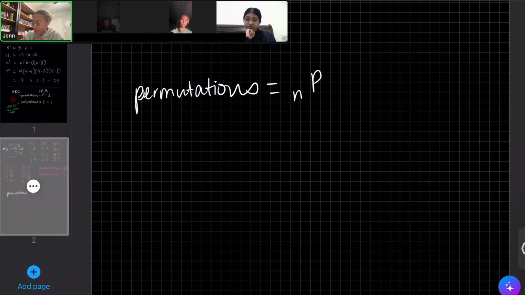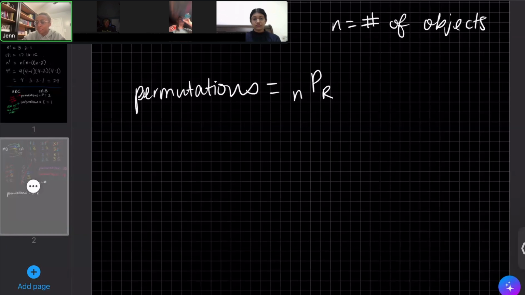So the formula for permutations, equals nPr is how we denote that, where n is the number of objects, the number of everything that you're trying to deal with, and r is the number of ways.